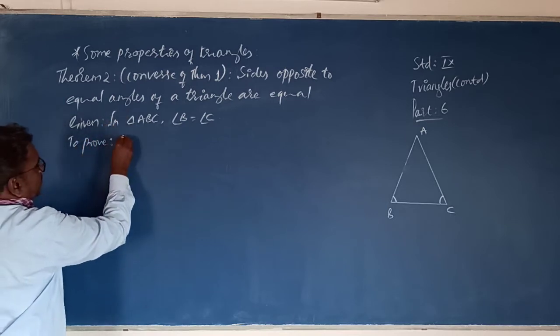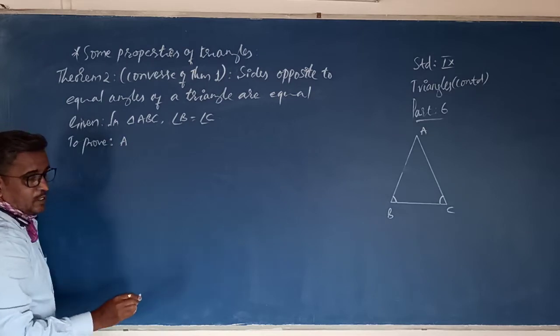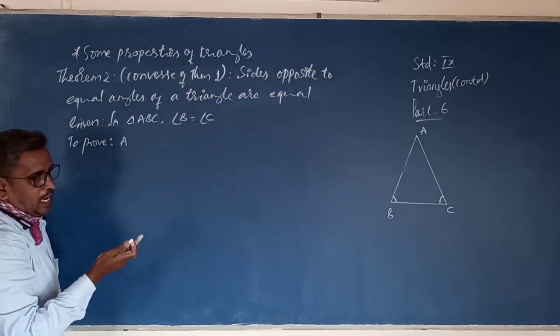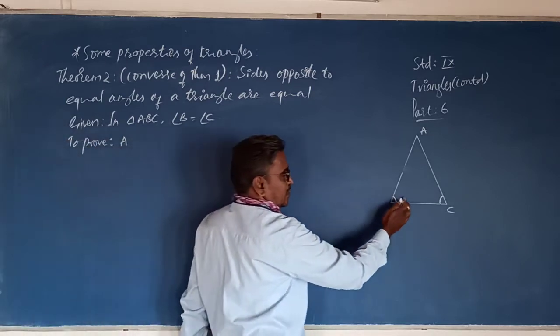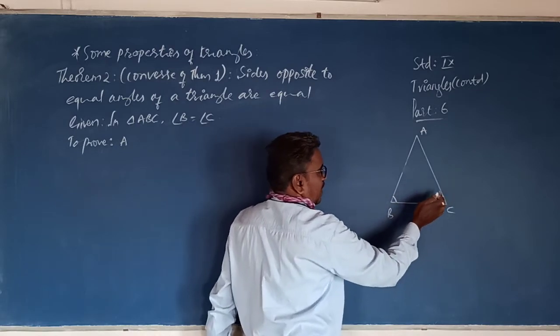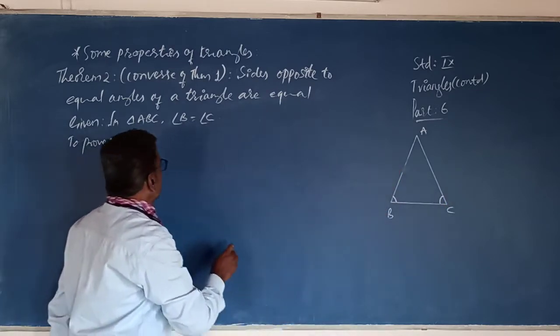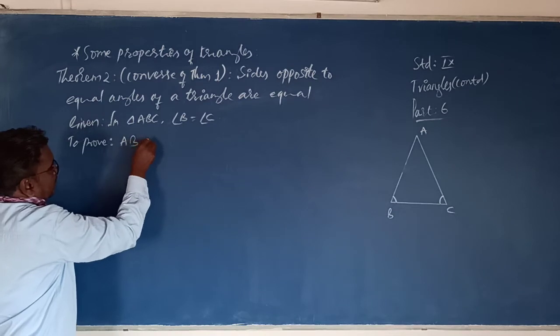To prove sides opposite to equal angles. Opposite of angle B is AC, opposite of angle C is AB. So AB is equal to AC.